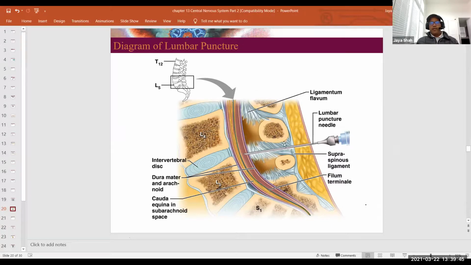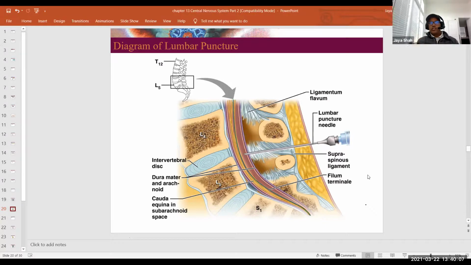So if I prick here, through skin, fat, connective tissue, and the needle gets inside the subarachnoid space, just pull the piston here. You don't even have to pull CSF. Due to the pressure of CSF, it easily drips from here and you can collect it.